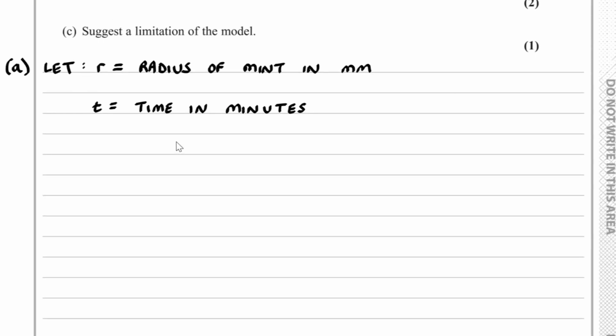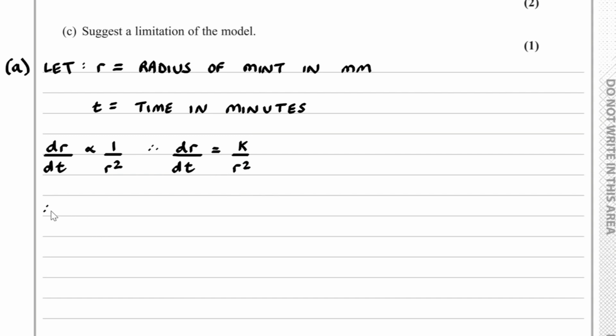So that means that dr over dt is proportional to 1 over r squared. It's inversely proportional to the square of r, which means dr over dt equals k over r squared, where k is a constant. This is the differential equation we need to solve.